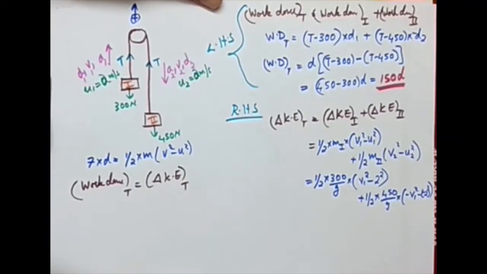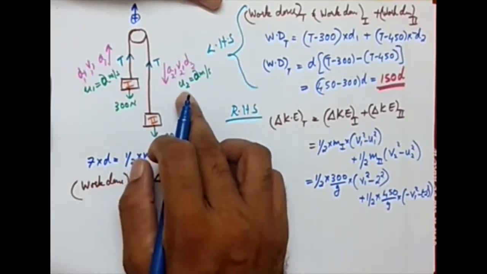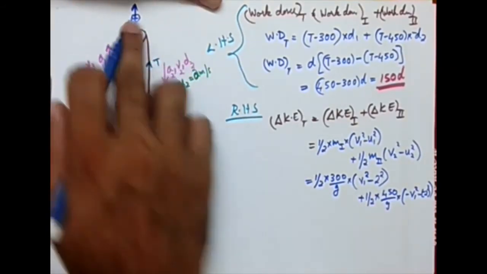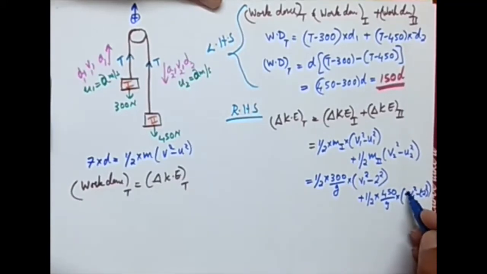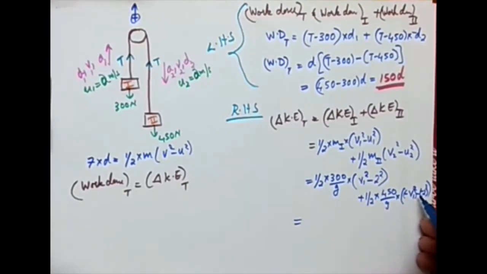Are you able to appreciate that? It's because V2 and U2 are in the negative direction, so both these values should be negative. And we know that when we square a negative term, it becomes positive.